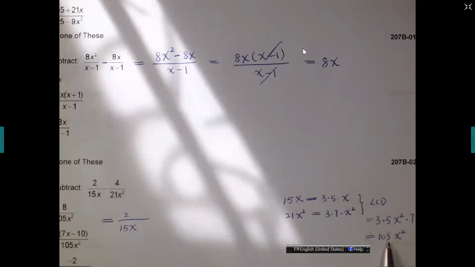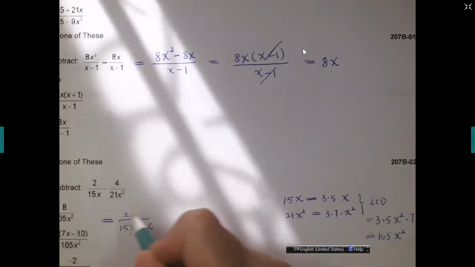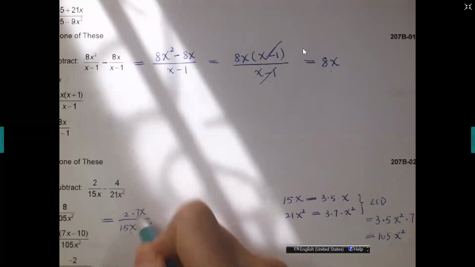If we divide 105x squared by 15x, whatever the quotient is, then just multiply by this quotient. So 15 times 7 turns into 105. X times another x, we'll get x squared. So 7x is missing here. We make this up. Whatever we do to the denominator, do the same thing to the numerator.